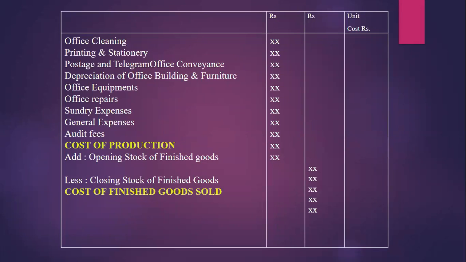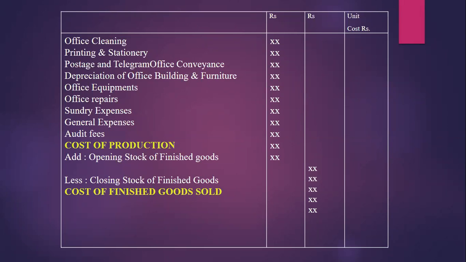Once you add these, you'll get total office overhead or total administration overhead, and you add it with the works cost. What do you get? Cost of production. Very good.